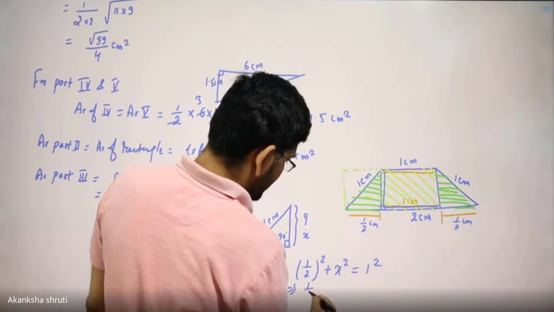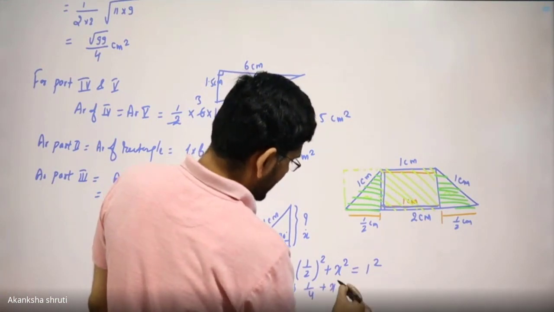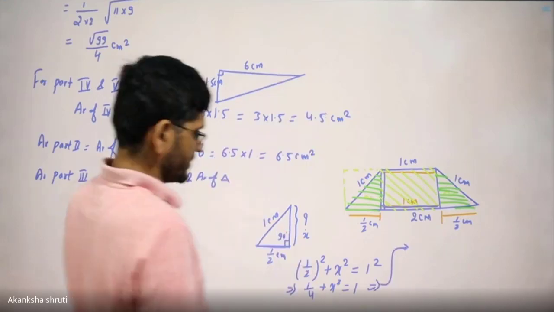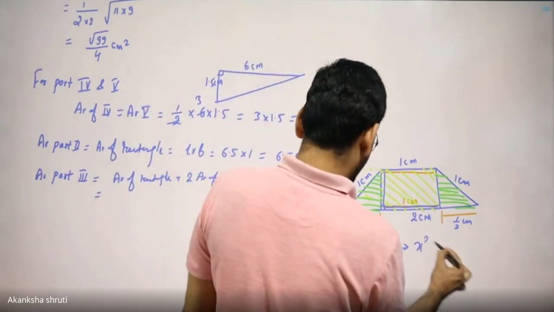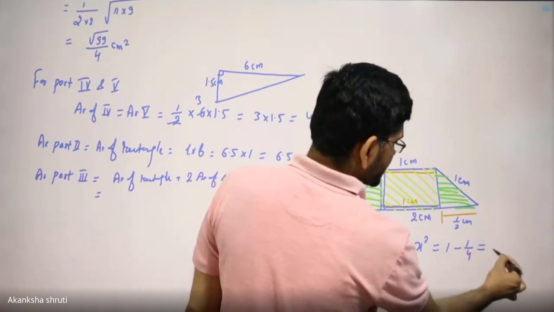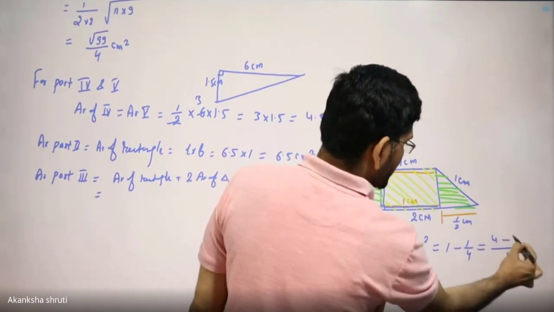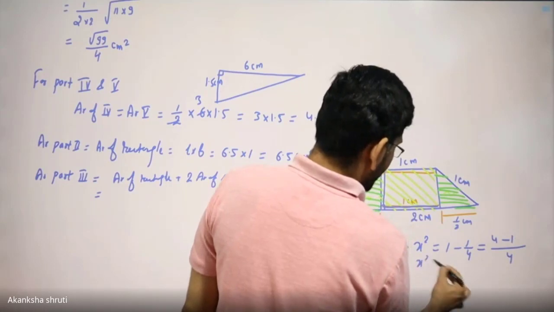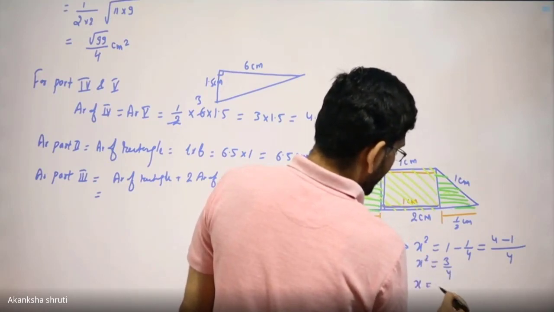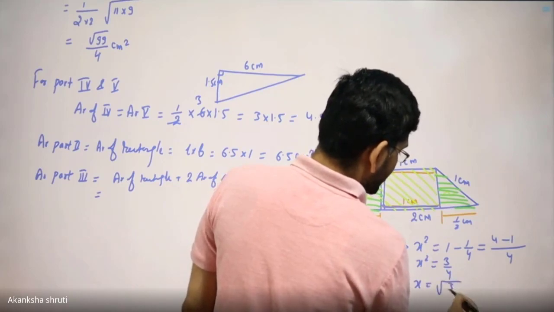Similarly, in this case, we are given with this hypotenuse as 1 centimeter square. This will be equals to this base 1/2 square plus this perpendicular that we want to calculate. Okay. So students, what will be the x here? So this becomes 1/4 plus x square is equals to 1 square is 1. This will give us, students, x square is equals to 1 minus 1/4. It becomes, take the LCM 4 minus 1. So x square is 3/4. So what is the x? Under root of 3/4.